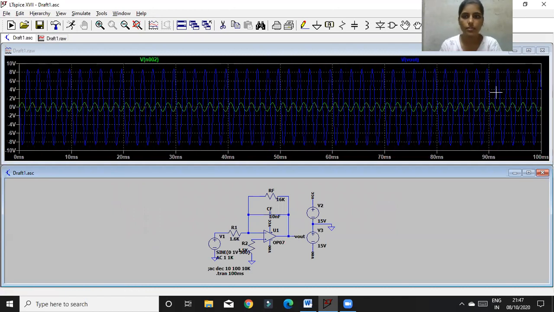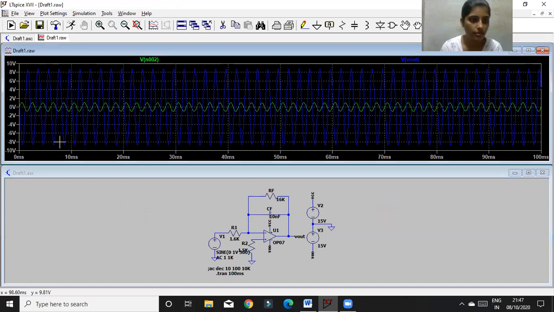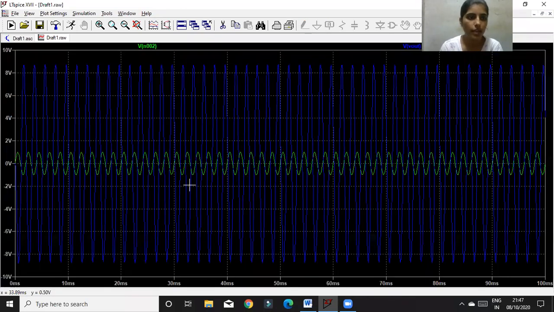So this is my output waveform, where my Vout is around 8.82 volts, and I selected 1 volt as the input voltage. So this is my waveform for the sine wave.